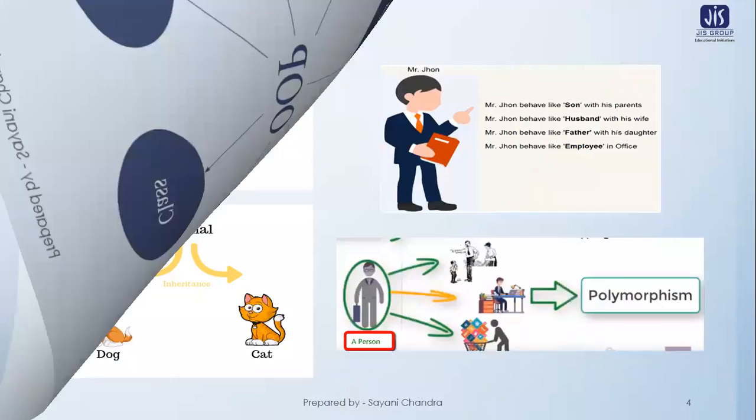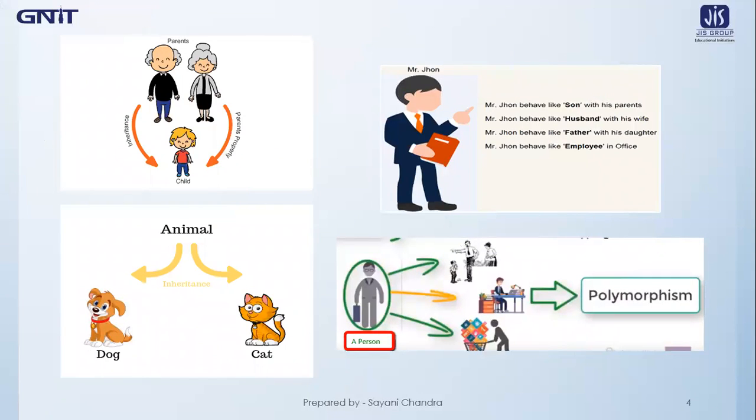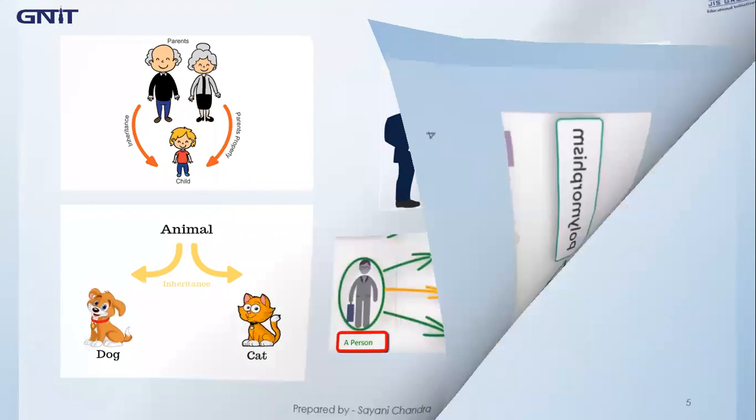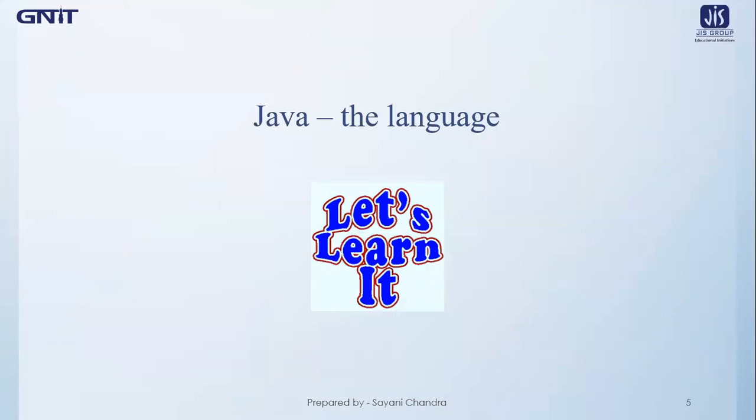Let's move on to the next slide. This slide I have already discussed. So up to this, all the basic concepts of object-oriented analysis and design and object-oriented programming are discussed.